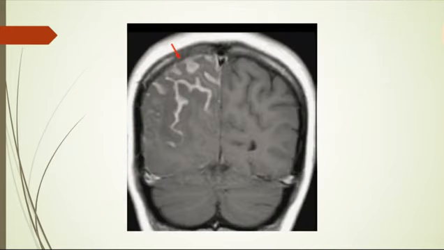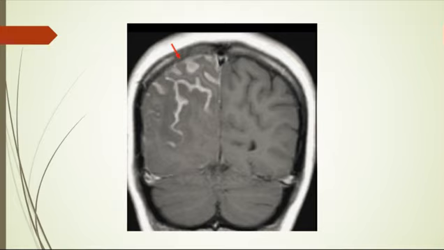So what do we have here? There is no sign of infarction. If you see here, it's not subarachnoid. This is an MRI rather than CT, so subarachnoid would be a little bit difficult to see in these cases.